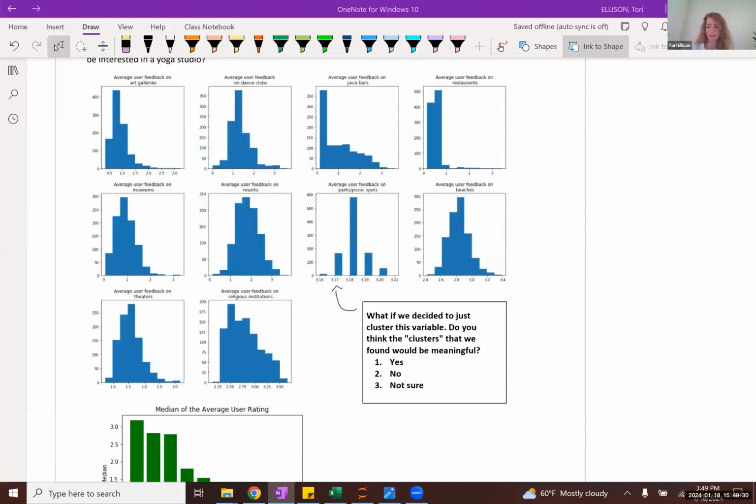Try to think about what types of groups a clustering algorithm might split this variable up into, and then would those groups be meaningful? If you have an opinion, start typing up your answer in the chat because I want to know why.